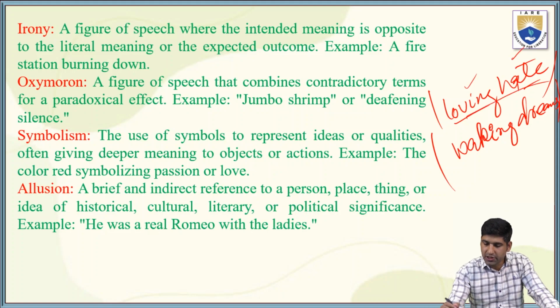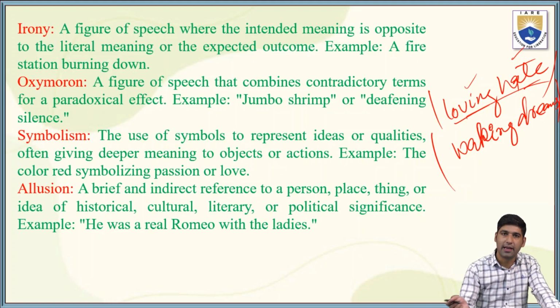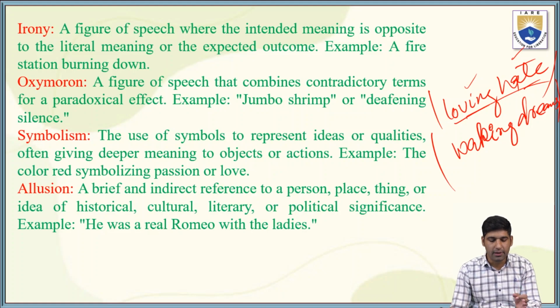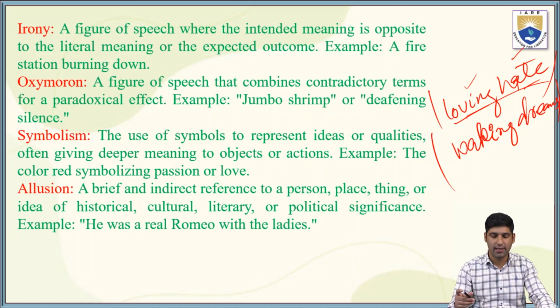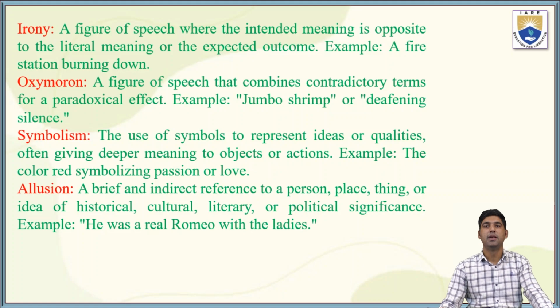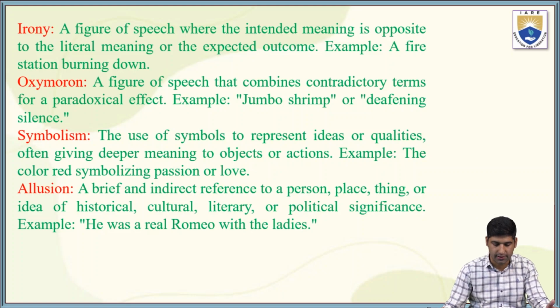To use two opposite terms together, we call this oxymoron. Then waking dream is another example. Symbolism is to use symbols which represent certain ideas or qualities in a written text. Then allusion is an indirect reference to a person, place, or thing of historical importance.